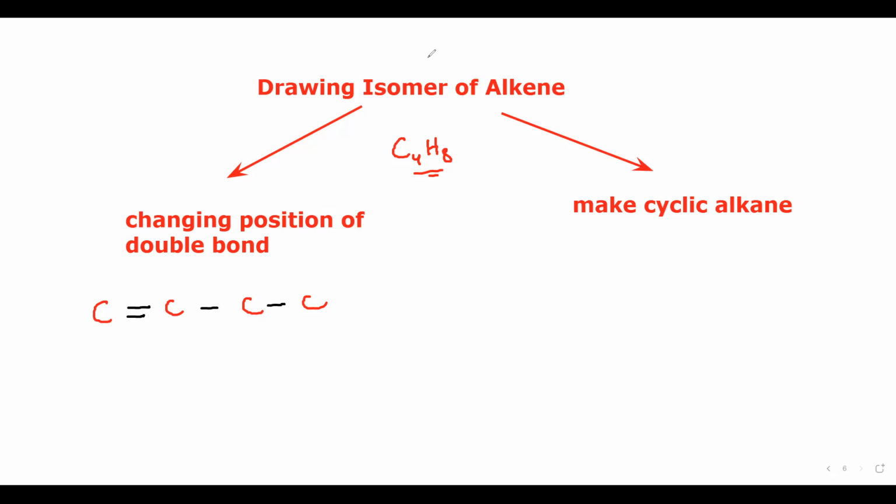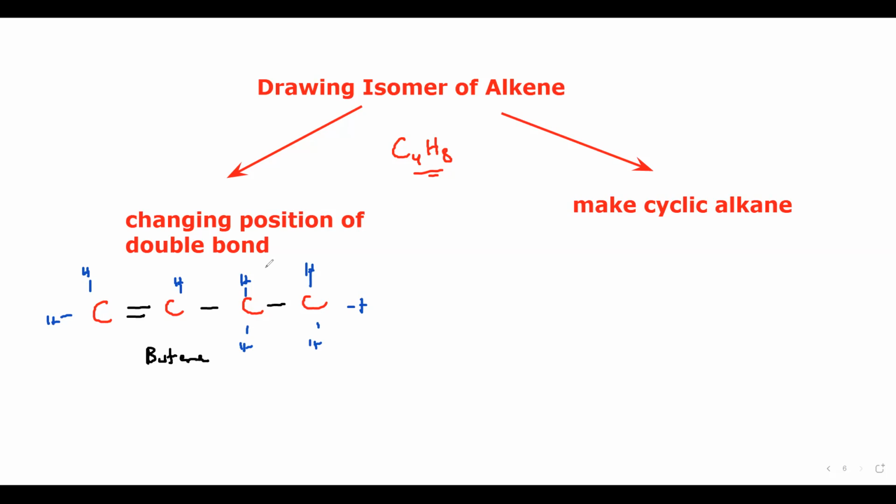Then we draw the number of hydrogens: 2 hydrogen, 1 hydrogen, 2 hydrogen, and 3 hydrogen. Now what is the name of this compound? Because the double bond is present at the first carbon, it is but-1-ene.